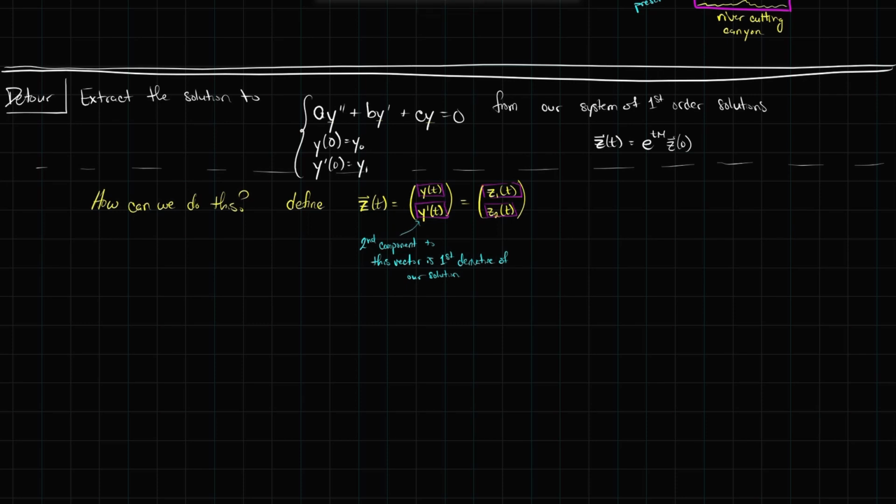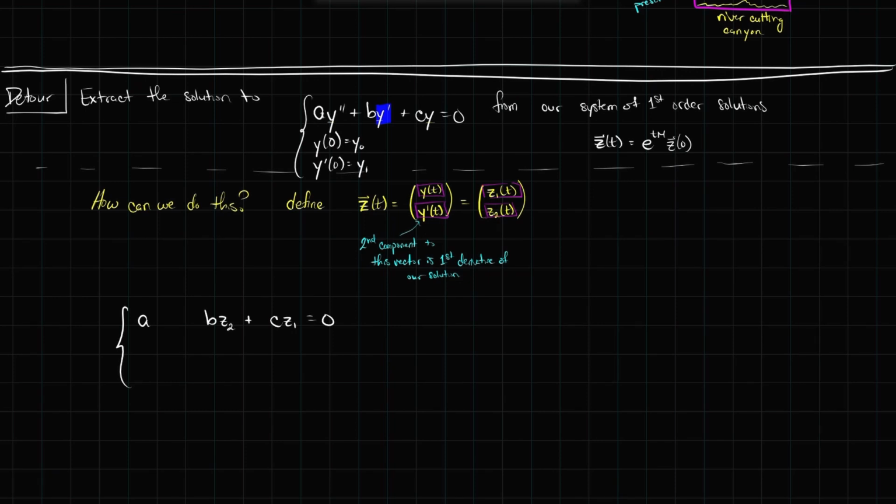What this does to the original ODE that we're focused on is we can go ahead and replace each y. There's a y sitting right here; we can replace that with z1. I can replace the y prime sitting right here with z2.